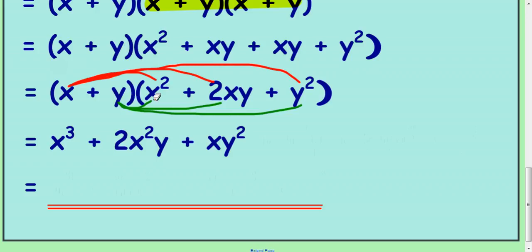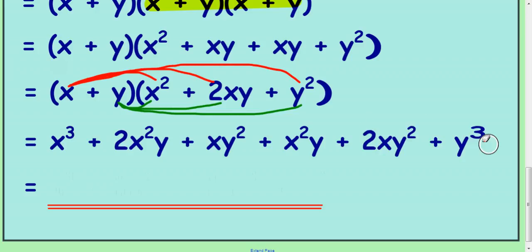So that's yx squared. Now I'm just going to write it as x squared y, just putting x's first in alphabetical order. It doesn't matter if you wrote it the other way around. This times this, so you're going to do 2x, and the y times the y gives you a y squared. So 2xy squared. And finally, y times y squared is y cubed.